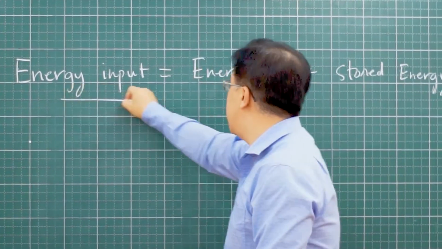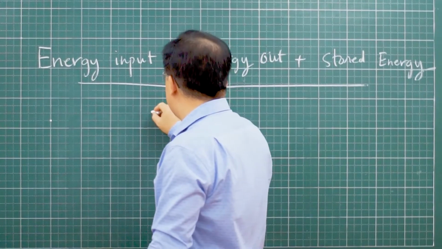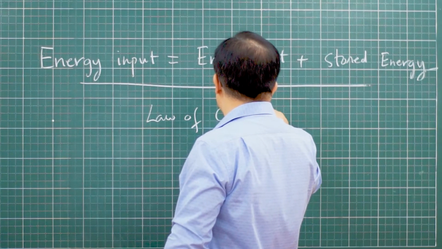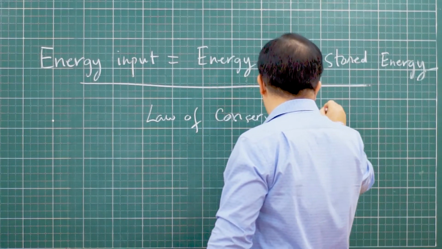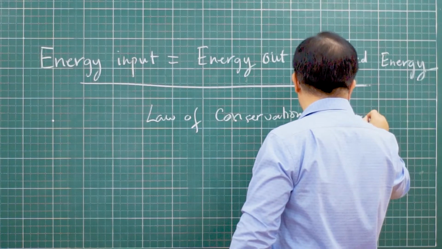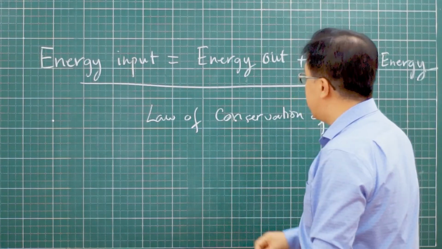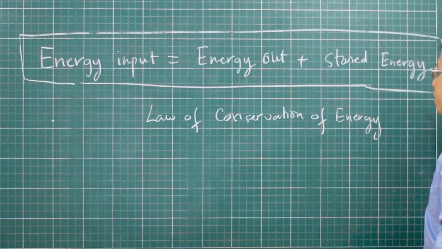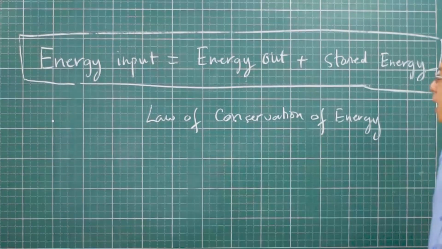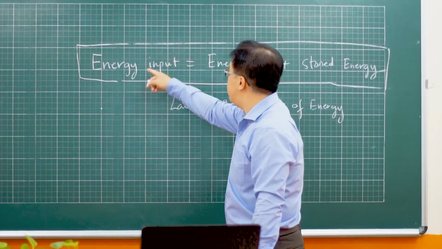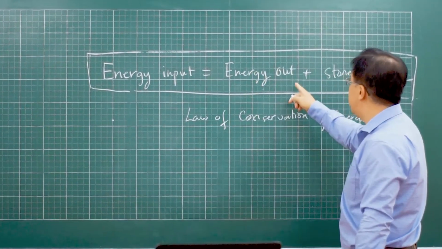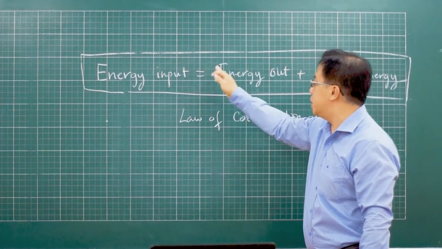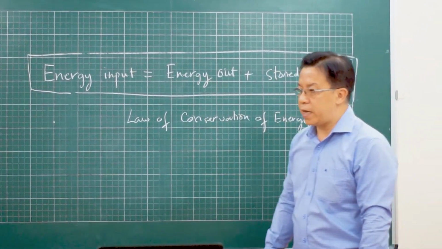So this is the formula of the law of conservation of energy. It says that the energy input equals the energy output plus the stored energy, or the energy output equals the energy input plus the stored energy.